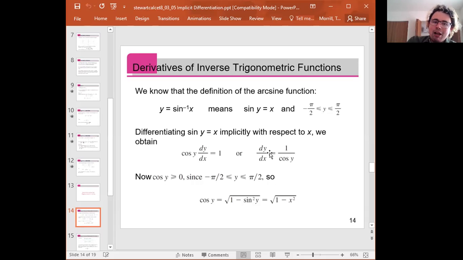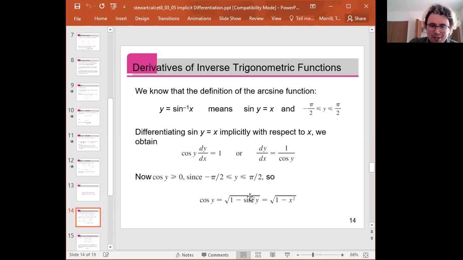So what we're going to do here is we're going to use a trig identity. I know that cosine squared of y would be equal to 1 minus sine squared of y. So I can take a square root. And that means that cosine of y has to be plus or minus the square root of 1 minus sine squared of y.